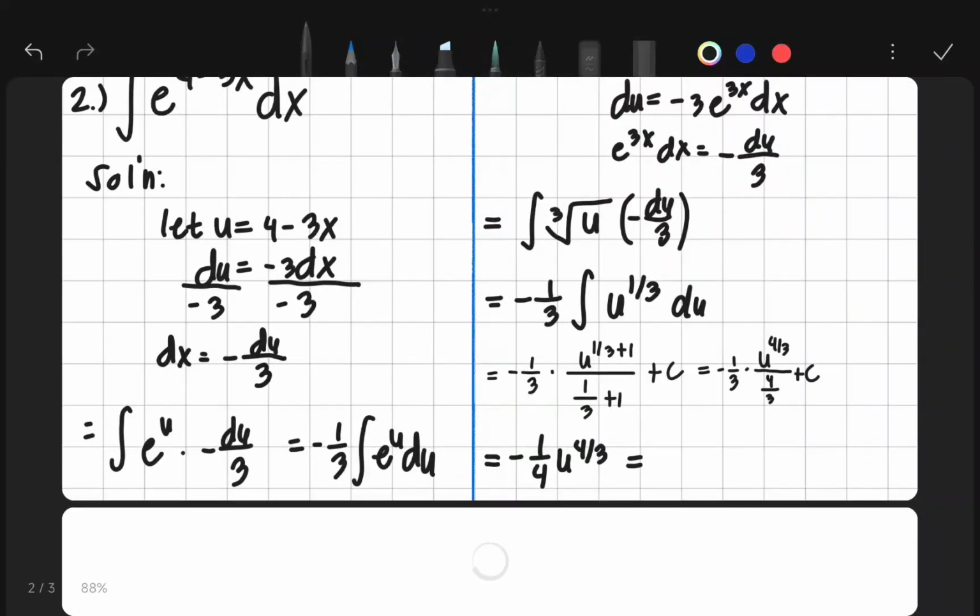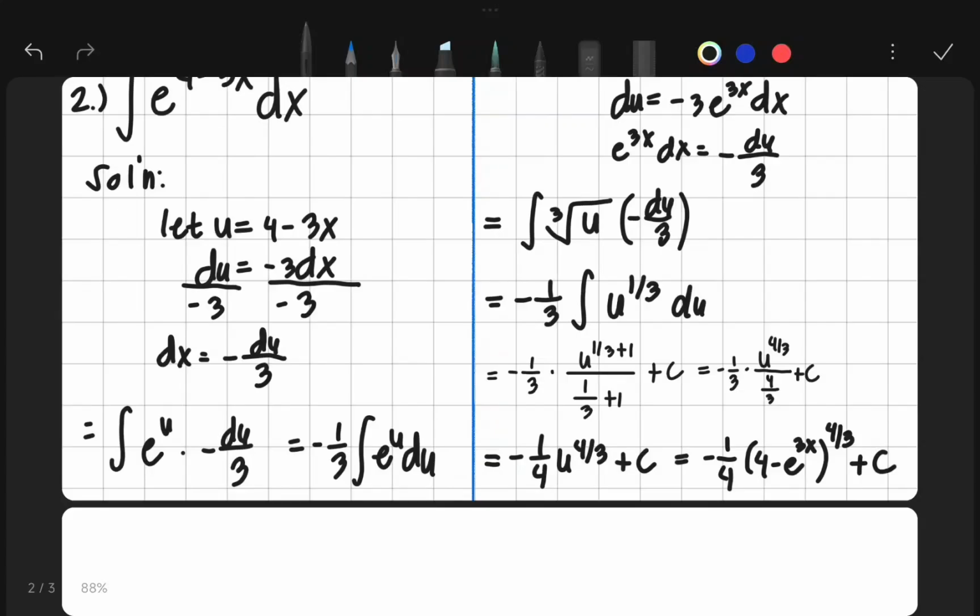I forgot the plus c, my bad. So this is equal to negative 1/4 times 4 minus e raised to 3x, raised to 4/3, plus c.